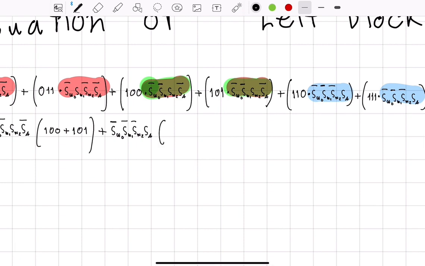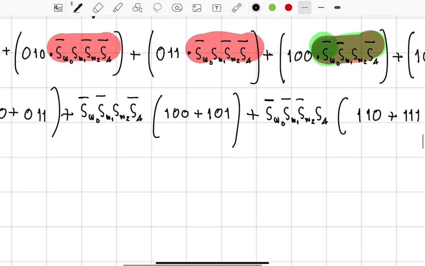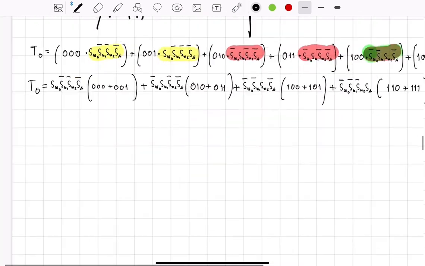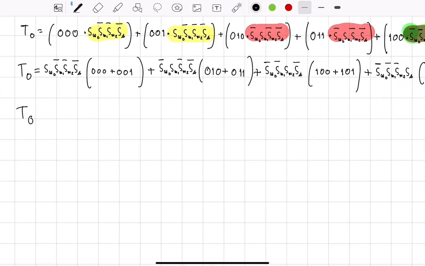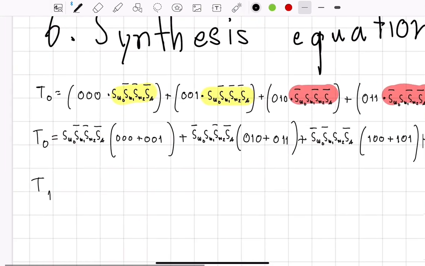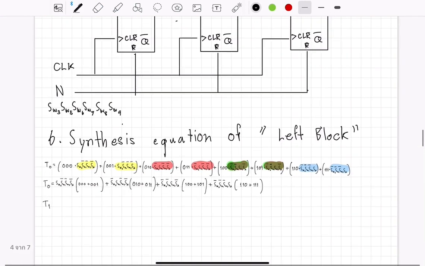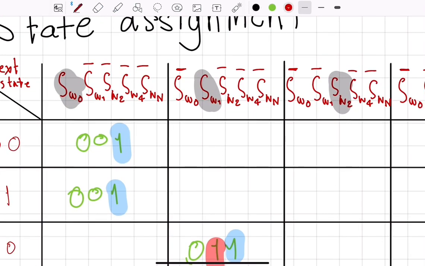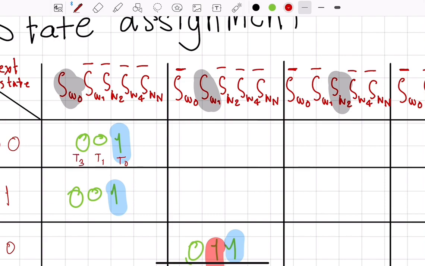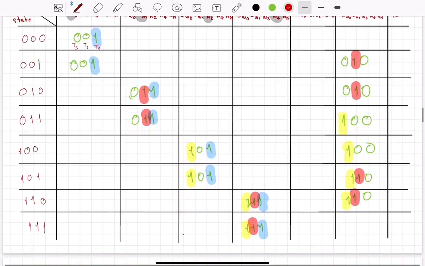Is this 0 0 1 push some 0 0 0 state 6, some state 7, and T1 is, I mean, T0 T1 T3.